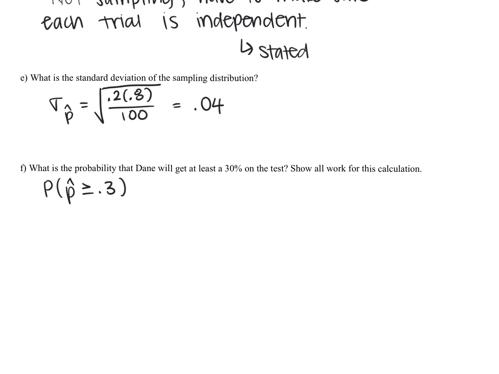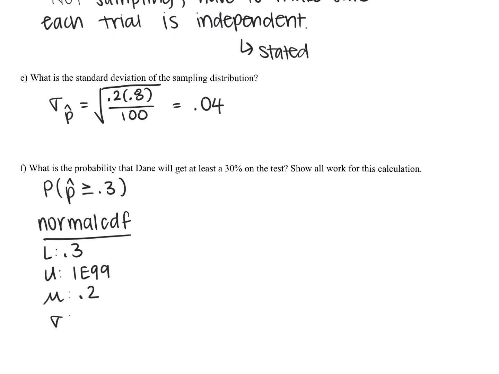So let's go ahead and, instead of calculating our z-score here, use normal CDF with our value. So normal CDF, my lower bound will be 0.3, the upper bound will be 1E99, mean will be 0.2, standard deviation will be 0.04. And we're going to get 0.0062.